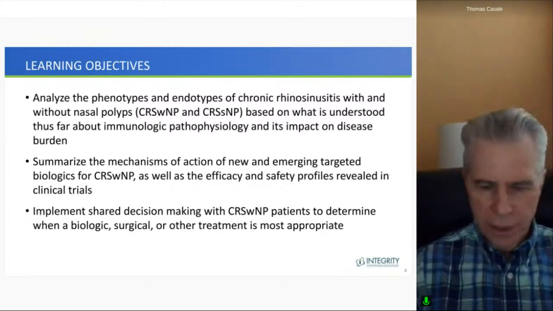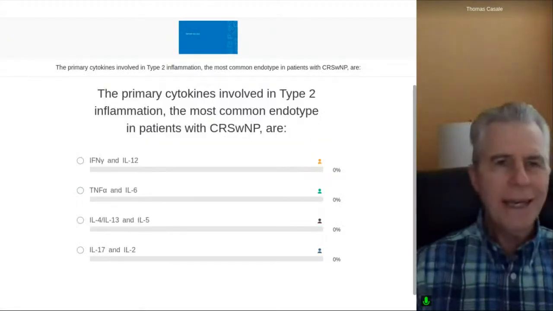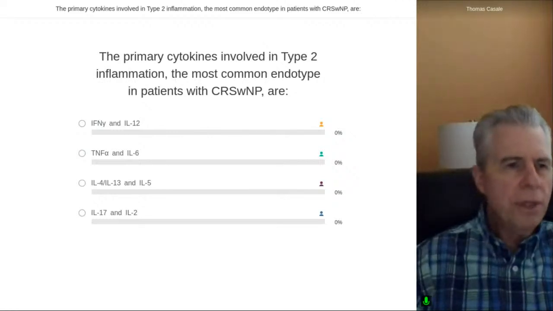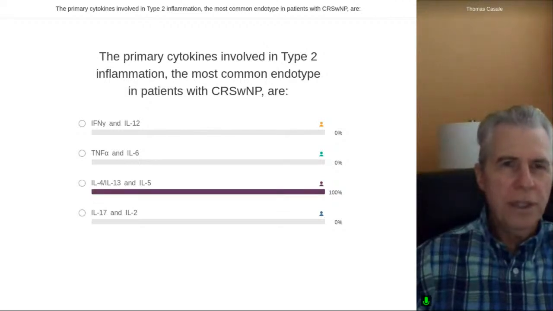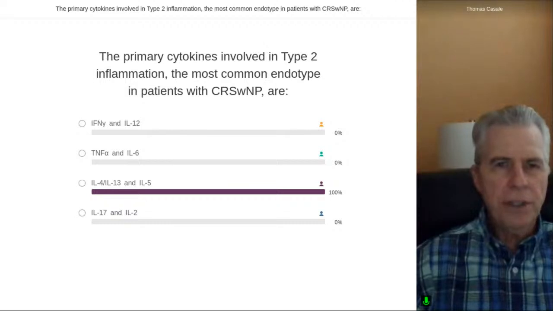Before we do that, we want to take a couple of questions, and this is a pre-polling test. So if you could answer the first one: the primary cytokines involved in type 2 inflammation, most common endotype in patients with chronic rhinosinusitis with nasal polyps are.